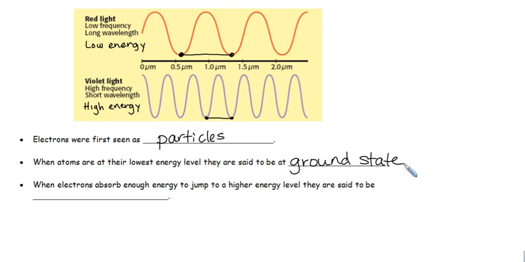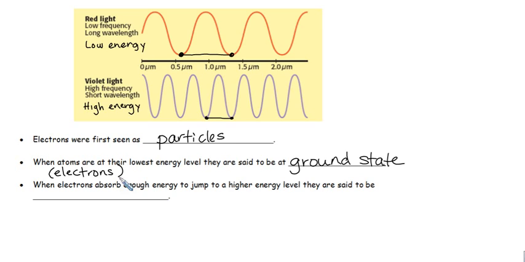So when the electrons in the atom are at their lowest energy level, we say they're in the ground state. Now we've mentioned these energy levels, where some energy levels are real close to the nucleus. Those are low energy. And then as you move further from the nucleus, those are higher energy levels.